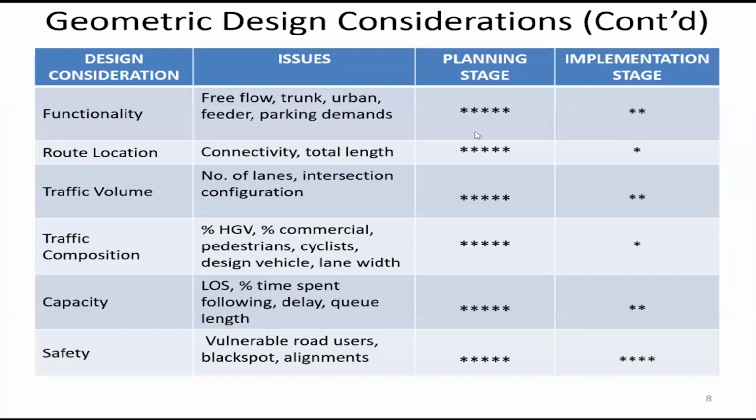Safety at intersections, safety of the alignments themselves, black spot elimination and vulnerable road users. Have we catered sufficiently for pedestrians, by way of footbridges, elevated sidewalks, and so on? So I move to the next slide.